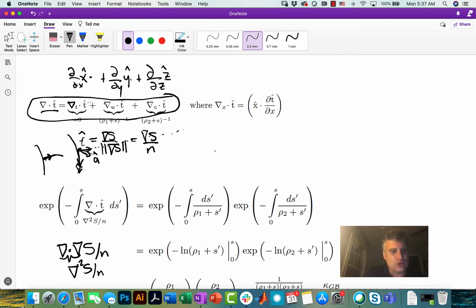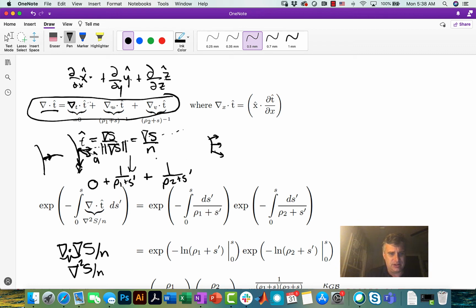The gradient of t as I move along the surface with respect to the directions u and v are my Gaussian curvature radii. So this integral really evaluates to 0 plus 1 over rho sub 1 plus s prime, which will be my variable of integration, and then 1 over rho sub 2 plus s prime.